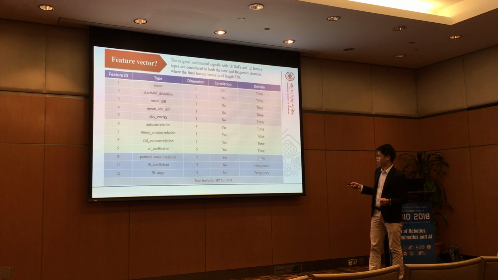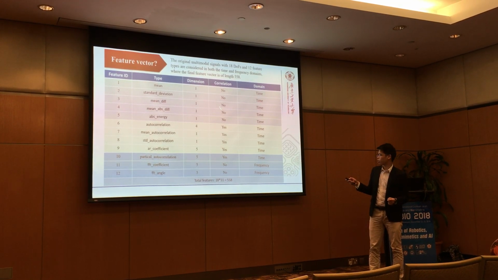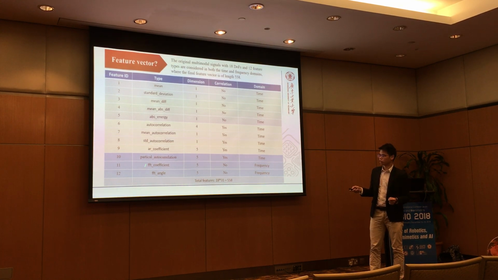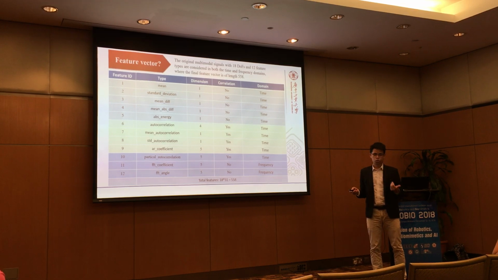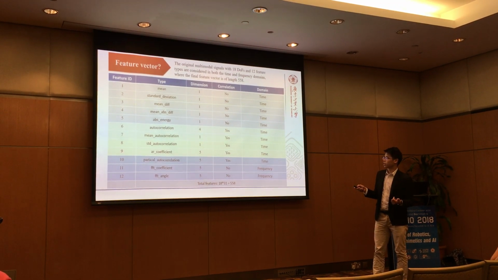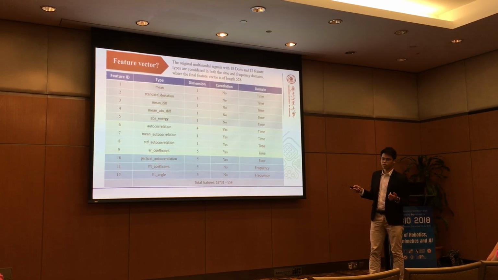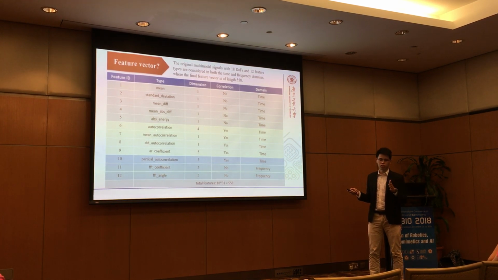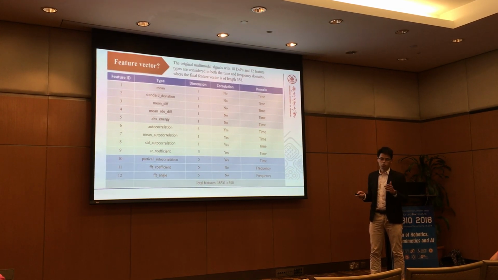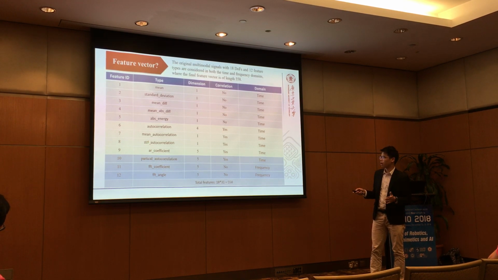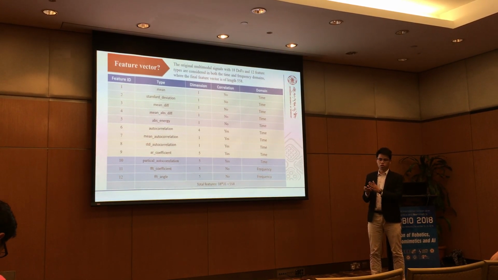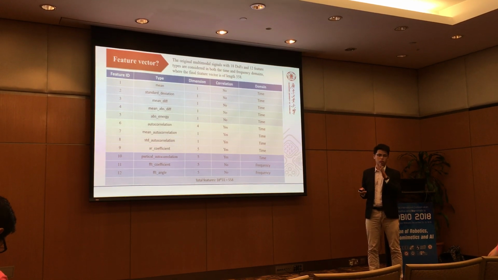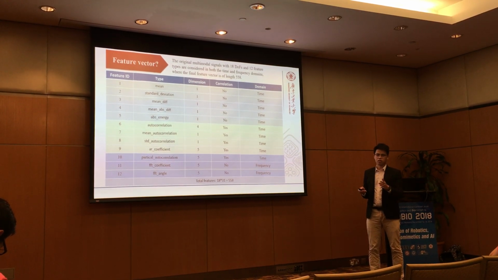In the time domain, we have 10 features, and 2 features from the frequency domain. We not only extract features from the independent moments, the color moments, we also extract features about the correlation in this second, and the relationship with the previous second.